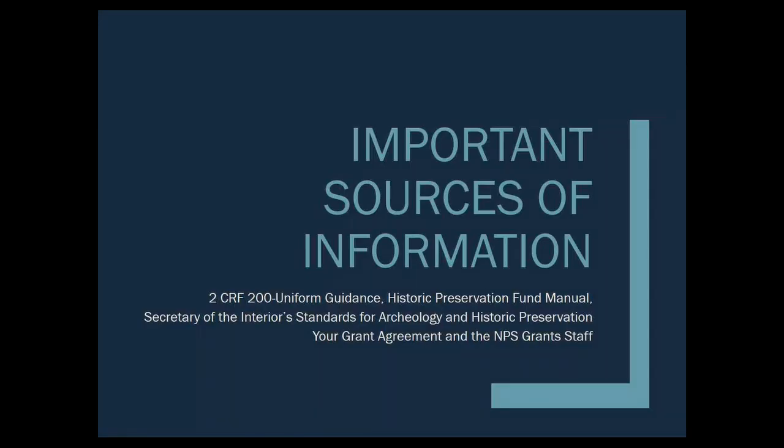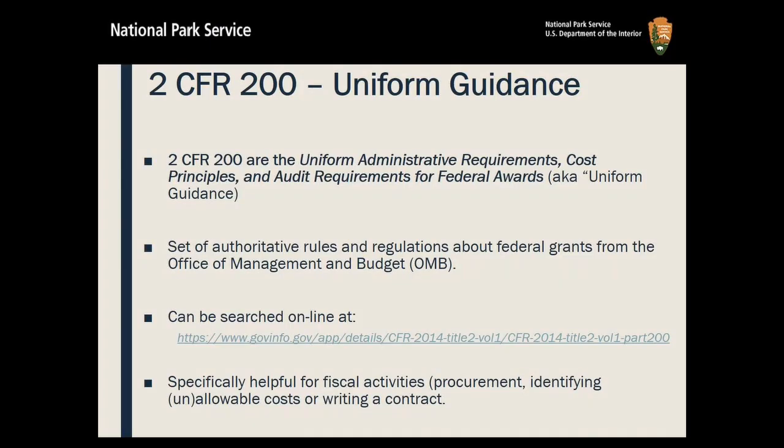And so we want to talk about some important sources of information that will help you as you look at different aspects of your grant, starting with the uniform guidance. And that contains the cost principles, audit requirements, and so this is an invaluable resource that applies to all federal grants, and it will help you answer a lot of questions that you might have about things like purchases and procurement.